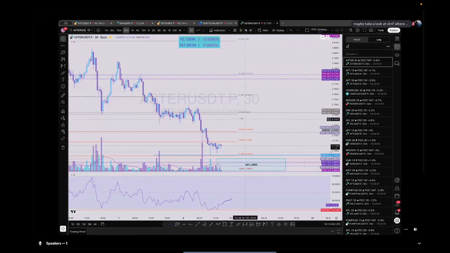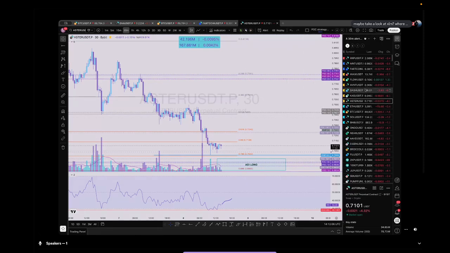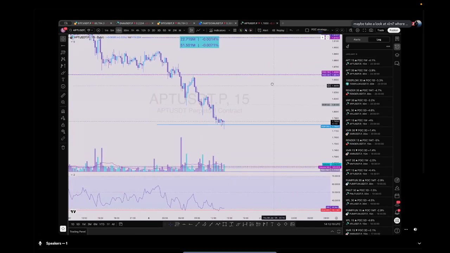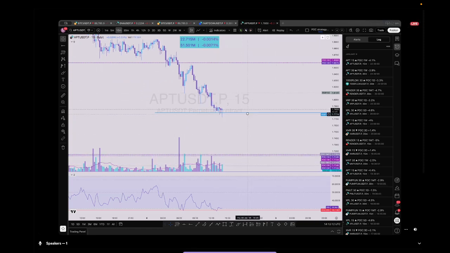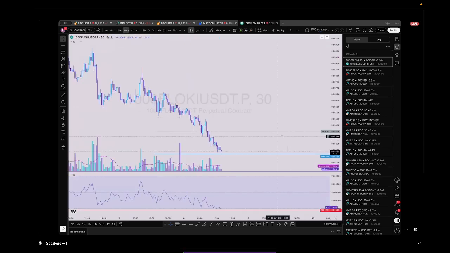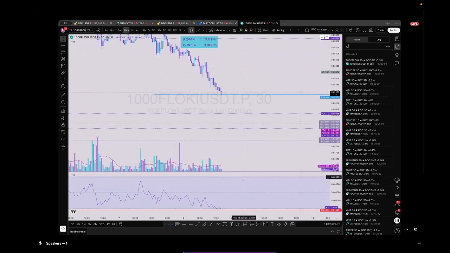Another Aster. We have APT. Here we're very far away from the POC, so I still don't care. APT. Floki. Also, you see here we don't have room on this RSI. It's very less oversold, so we will never get filled on this POC.